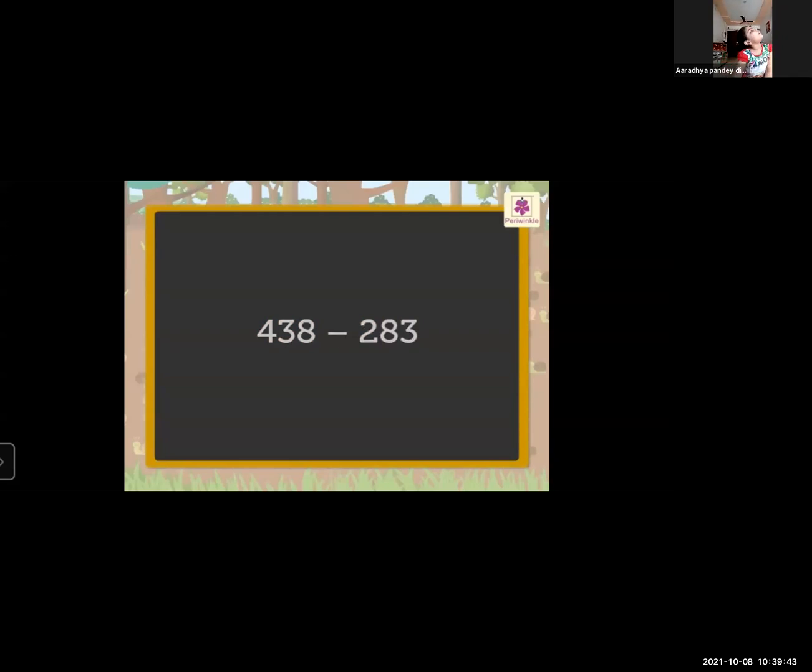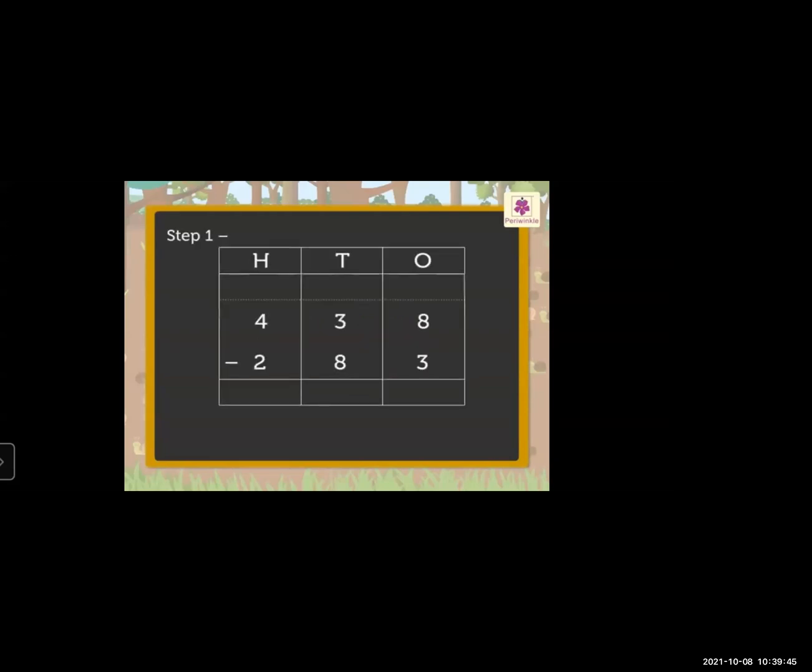Now, subtract the numbers 438 and 283. Step 1. Write the numbers in columns. Step 2. Subtract the ones. That is, 8 minus 3 is equal to 5. Write 5 in the ones column. Step 3.